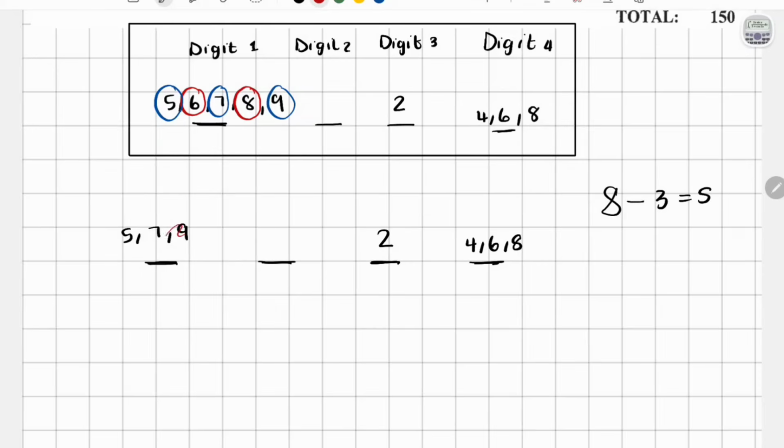So if we're looking at the choices, these are just the numbers that we can use. Here in the first place, we're allowed to use 1, 2, 3 numbers. So we have 3 choices. In the third place, we are only allowed to use 2. We only have 1 choice here. And in the last place, we have 1, 2, 3 choices of numbers we can use. So you see that in the second place, we're allowed to use 5 choices because we are taking into account that this is one code, right?